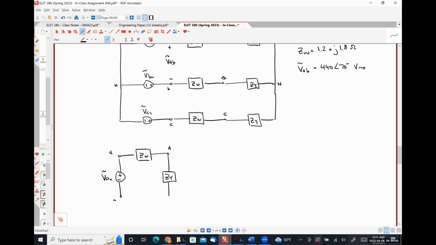Here's ZY, which we're trying to find. We were given IAA. So I'm just going to put a question mark here and a question mark there because those are the two things that we need to figure out. Probably the most important thing for us to figure out is that voltage VAN.